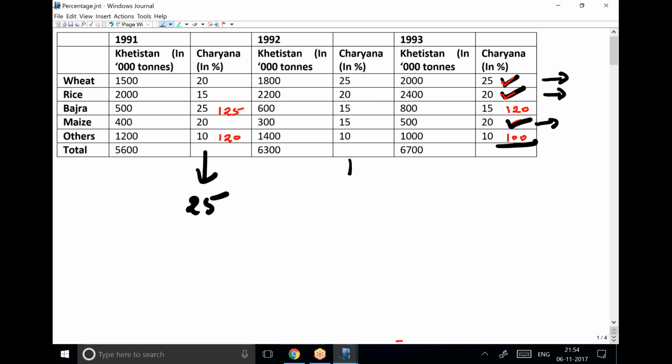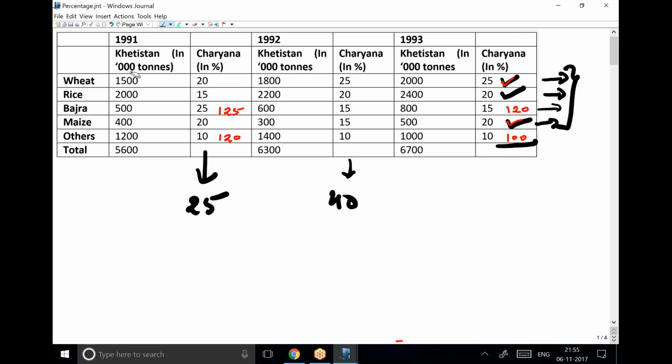And in all these four cases, definitely 1993 is more compared to 1992. But in the last portion only, we can say it is 40 more, because 10 percentage of this comes out to be 140, and 10 percentage of 1000 comes out to be 100.